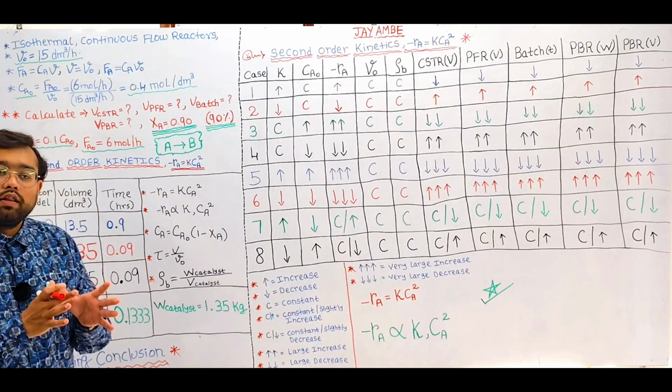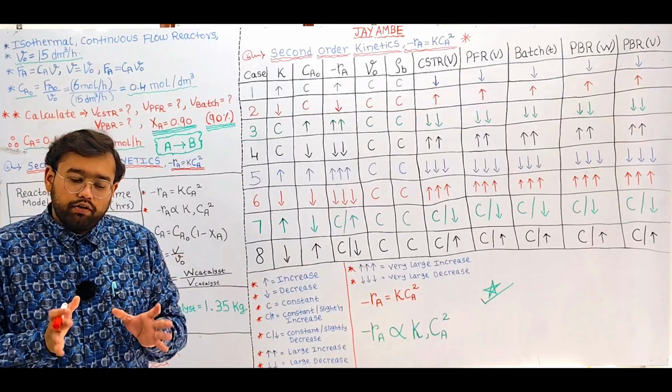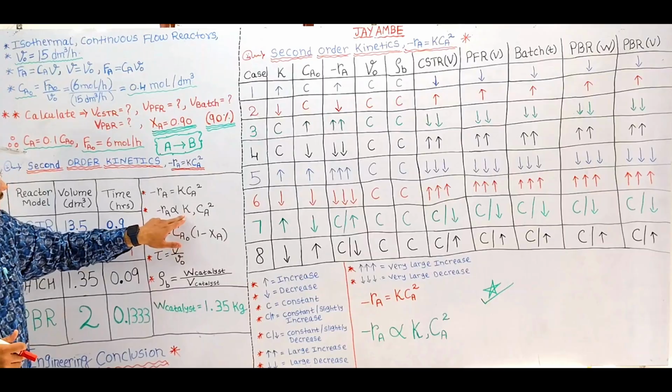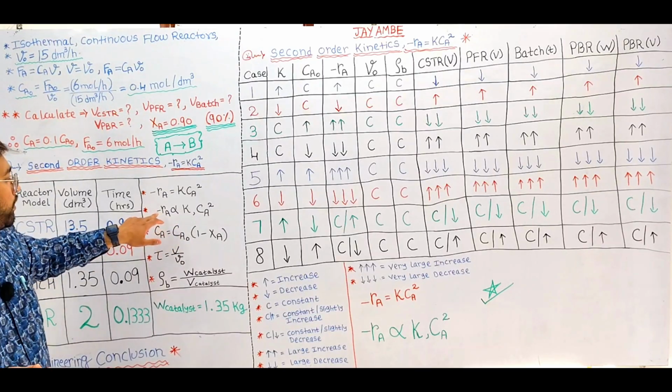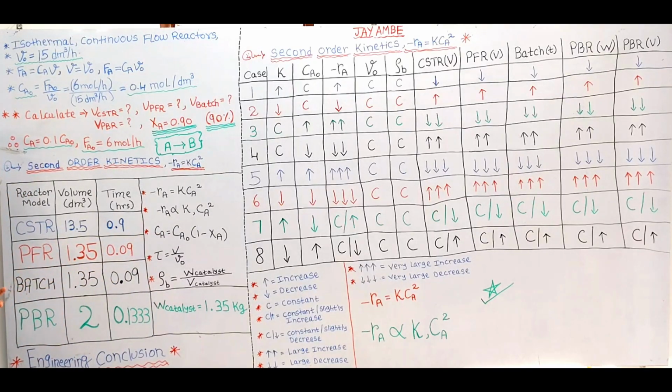So at the starting of the reaction, we have the highest concentration of the reactant present. The higher the concentration of the reactant, the higher the reaction rate, due to direct proportionality. Due to the higher rates of the reaction, we will require a smaller reactor volume and smaller reaction time in order to achieve the desired conversion.